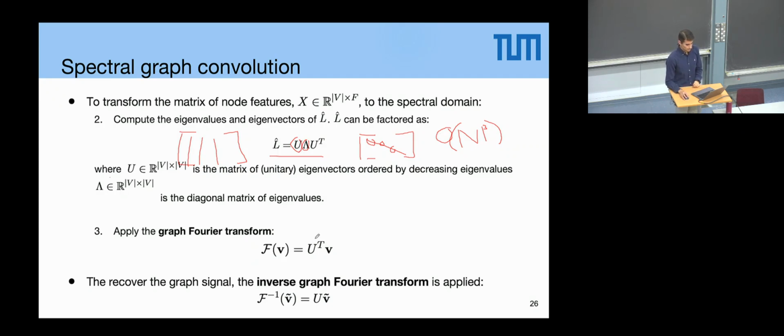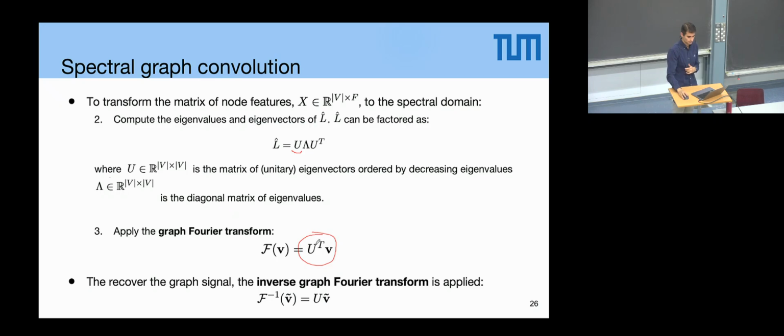Okay, so now that we have computed this eigenvector matrix, the graph Fourier transform is done simply by multiplying the transpose of the matrix with our graph signal. This corresponds to projecting our graph signal along each of the eigenvectors.